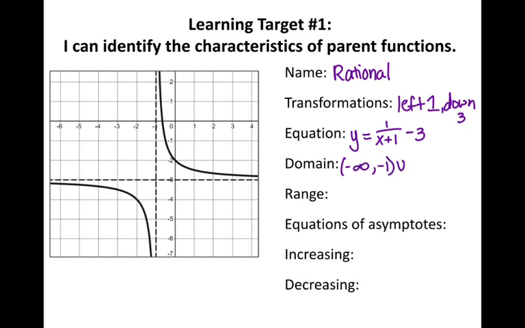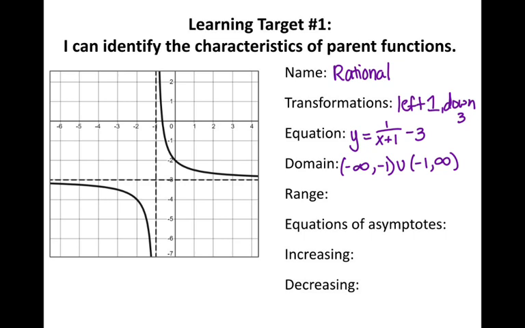And I have my second piece for my x values that starts at negative 1 and heads towards positive infinity as I move to the right. So since my rational function has two almost separate graphs, I do have two pieces for my domain. So this would be negative 1 to positive infinity.